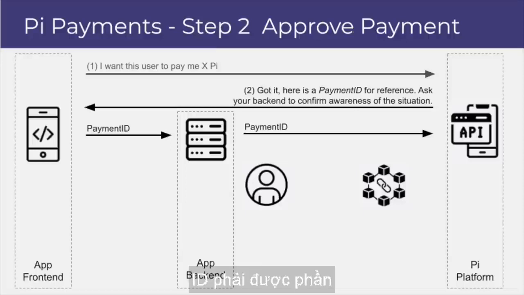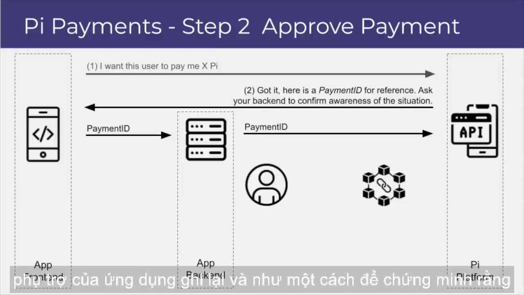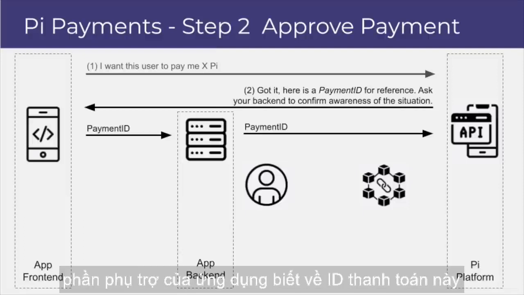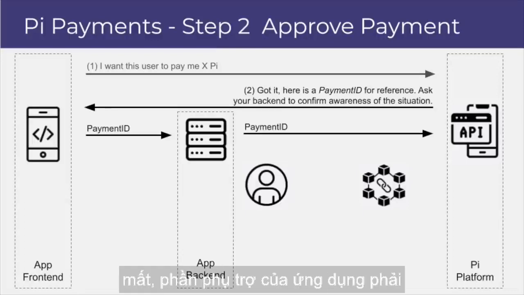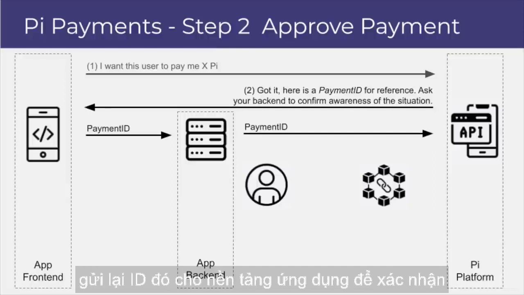Now, the payment ID has to be recorded by the app backend, and as a way to prove that the app backend is aware of this payment ID and it isn't going missing, the app's backend has to send it again to the Pi platform to confirm that it's aware of this payment ID.